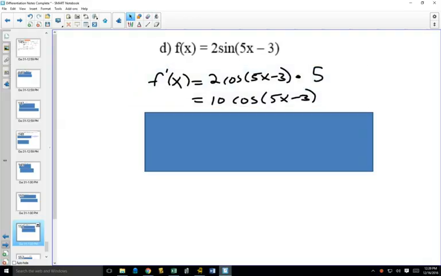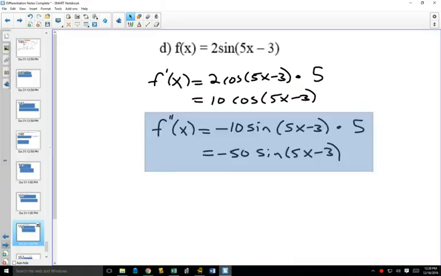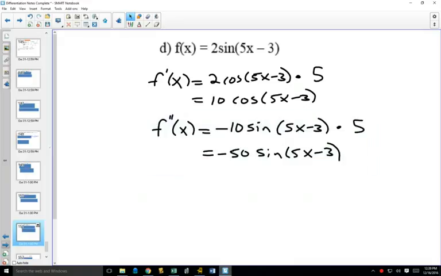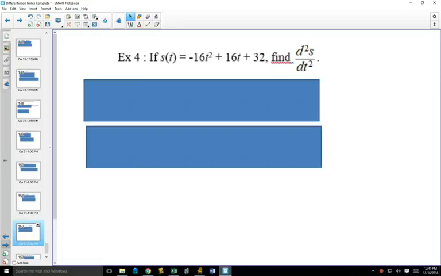Another chain rule. And then another chain rule when you do your second derivative. So this equation here has a t and an s.